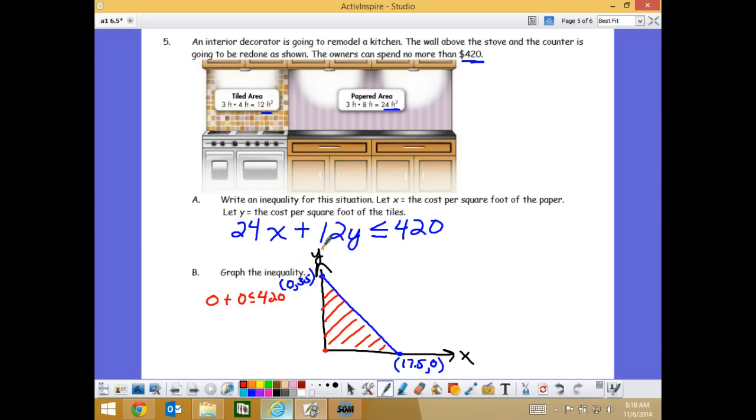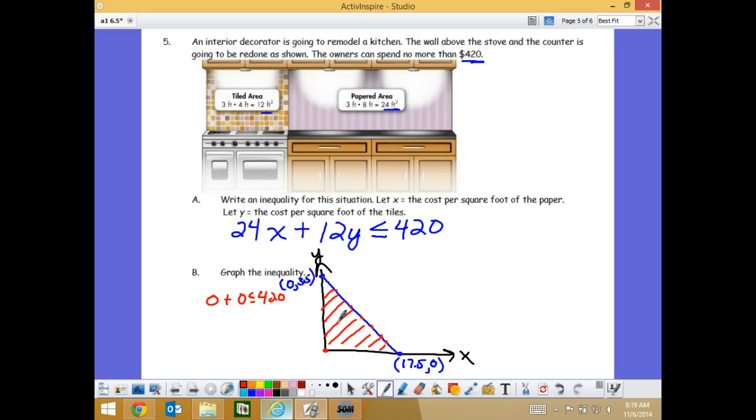One thing I will comment on though, any points that you pick on this line, that maximizes their budget. That gets them to the full $420. Anything in here below this line, they will then have money left over.